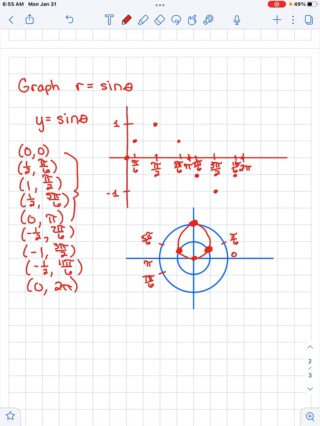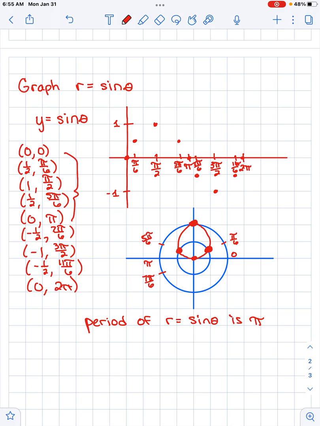It's cyclic, just like a sine curve is. So we can say that the period of R equals sine theta is pi. This graph started to repeat itself when we got to pi.